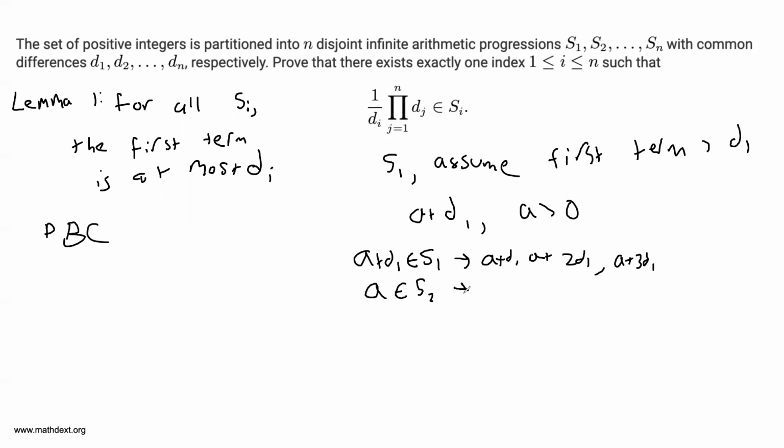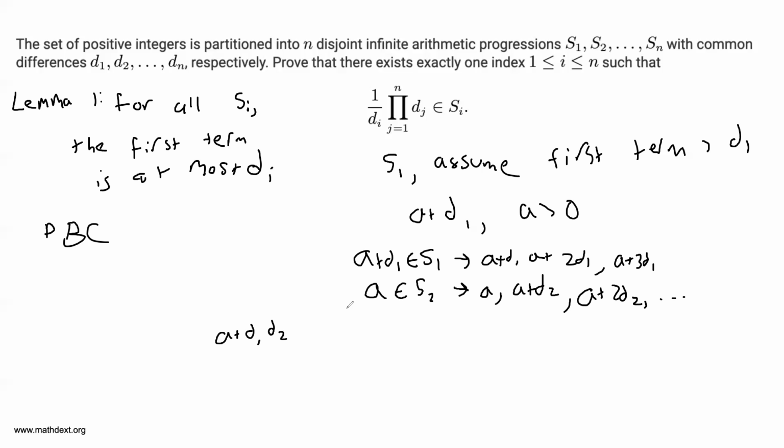And S2 consists of a plus d2, a plus 2d2, etc. There might be some terms before this a, but really we're only paying attention to anything that's a and beyond. Okay. Now consider this term a plus d1d2.